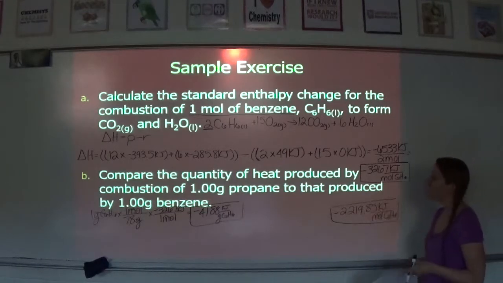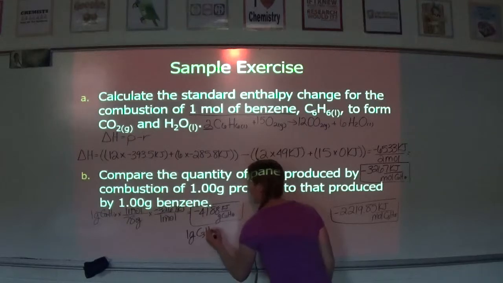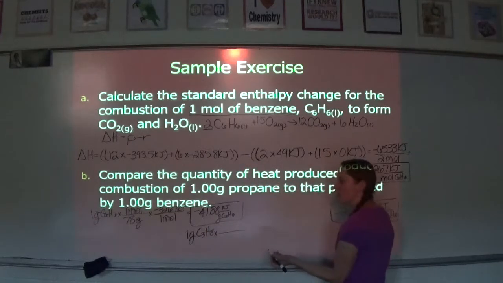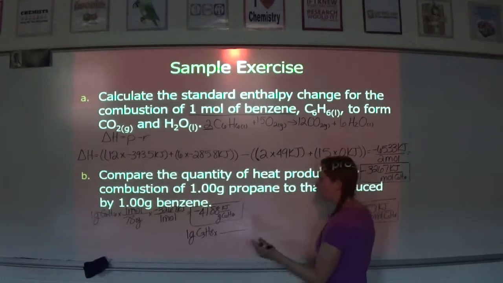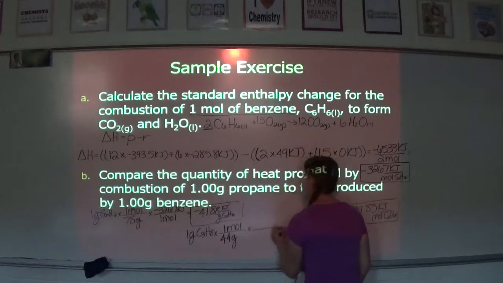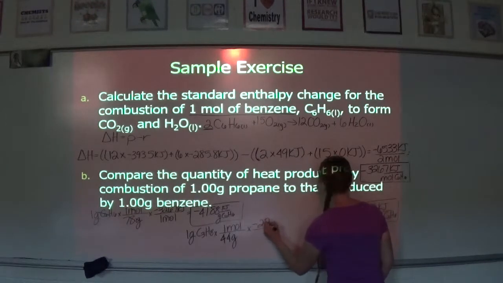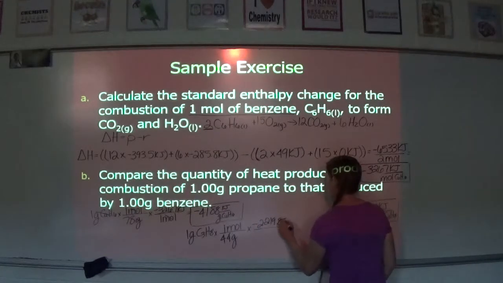Alright, so now we got to do propane. So I have 1 gram of propane, which is C3H8. So I've got to do molar mass first. When you add up C3H8, you're going to get 44 grams in 1 mole. And then I can multiply by my heat, negative 2,219.85 kilojoules per mole.